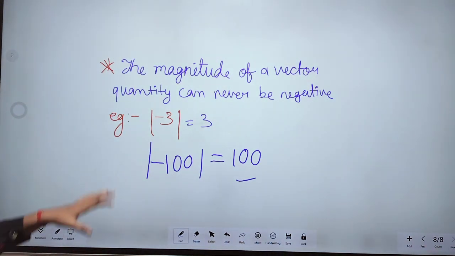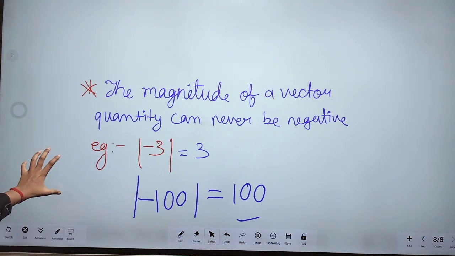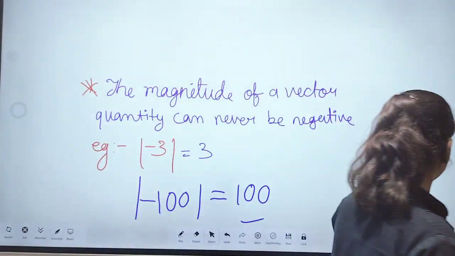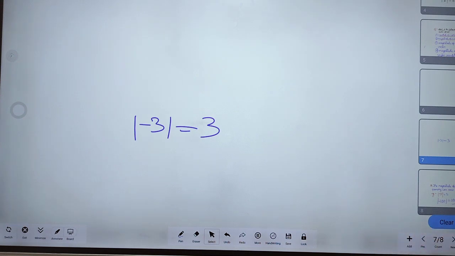So the magnitude of a vector quantity can never be negative, it is always positive.